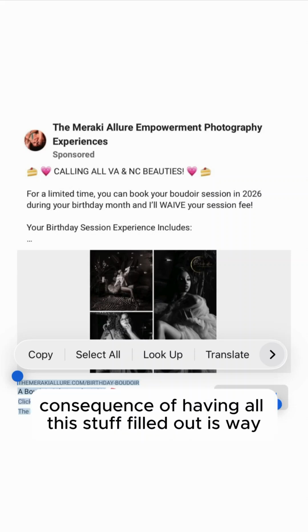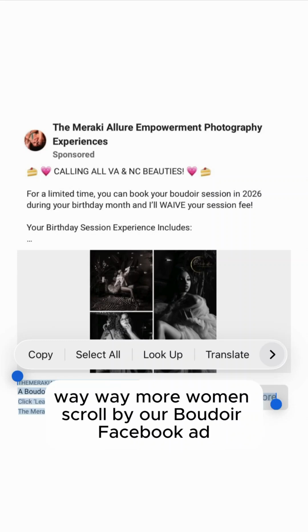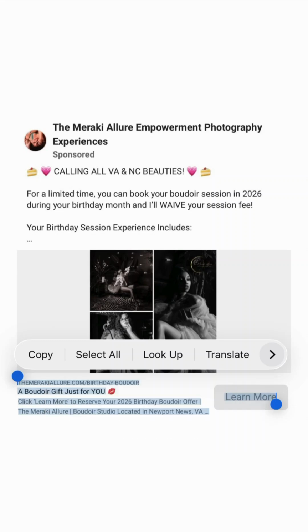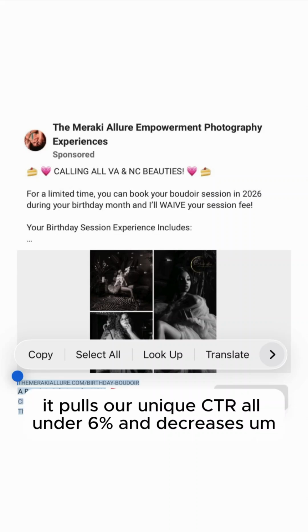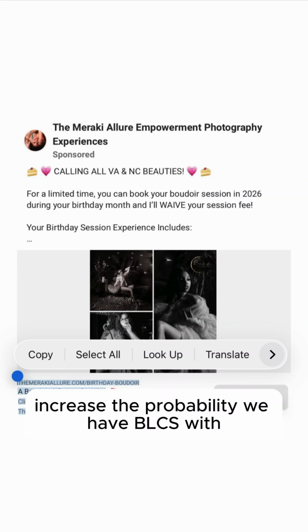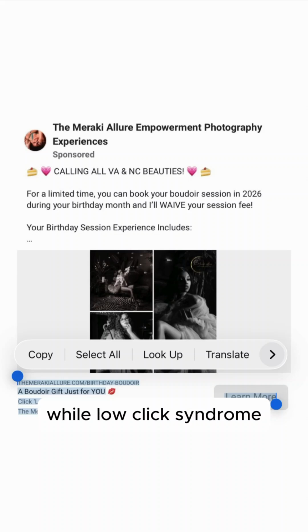So the consequence of having all this stuff filled out is way more women scroll by our Boudoir Facebook ad. And as a result, it pulls our unique CTR under 6% and increases the probability we have BLCS, Boudoir low click syndrome.